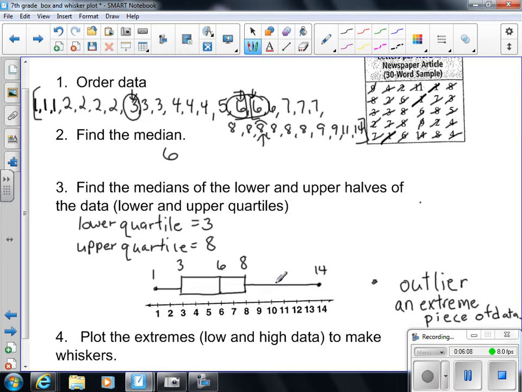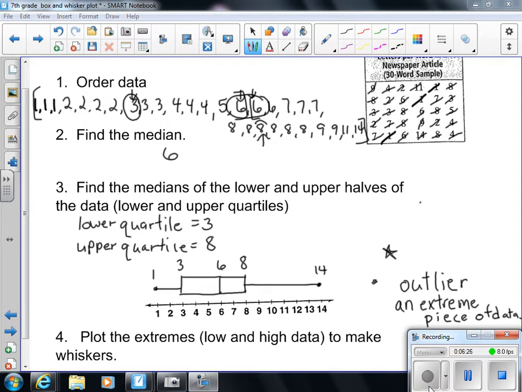In this case, I don't know that I have any really extremes. Now, if I would have had a 20 in here, then I would have just put a little star out here, a little asterisk, and labeled it on the 20, and that would have been an outlier. Remember, it's something that causes your data to really be thrown off.